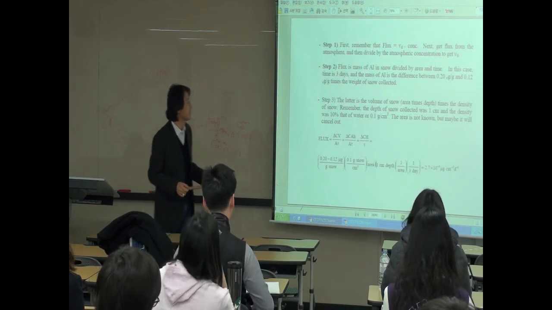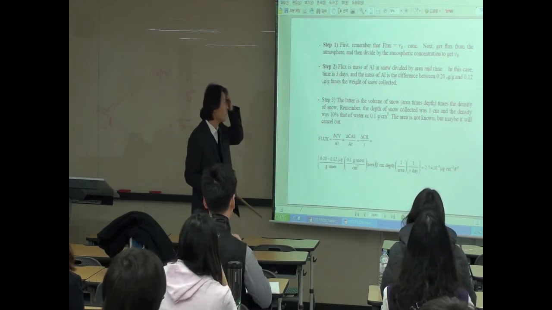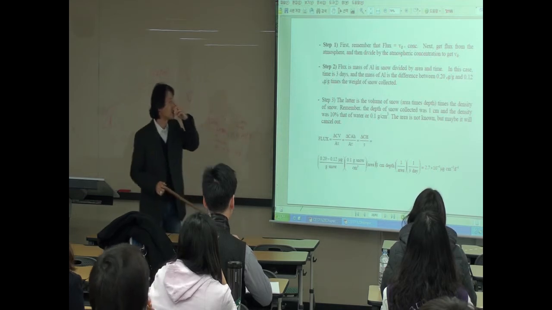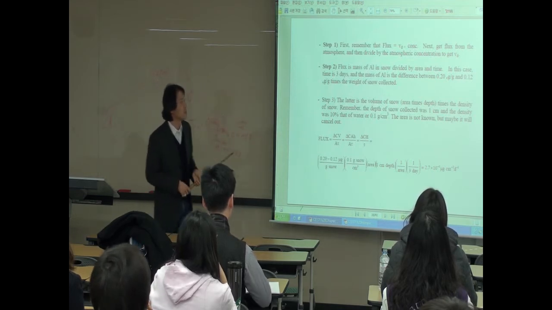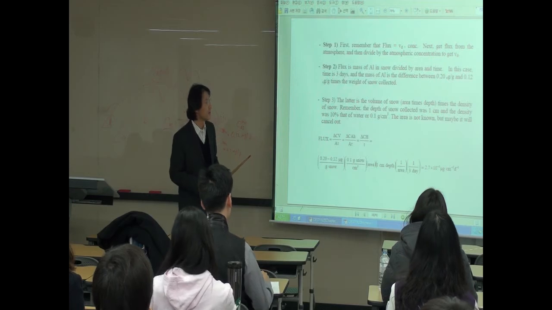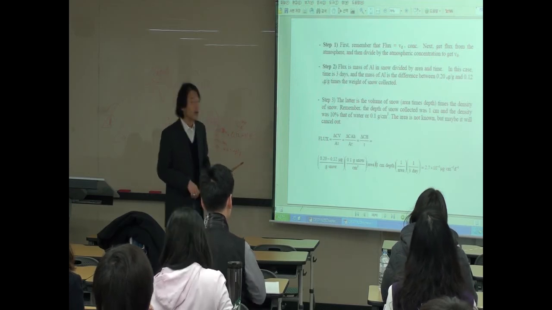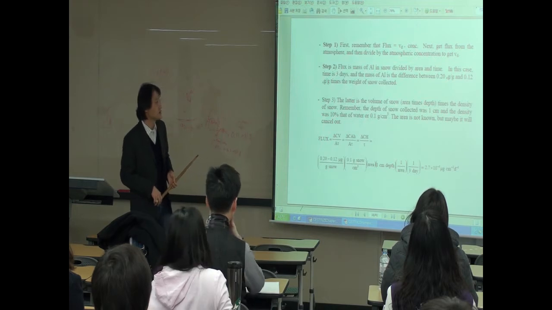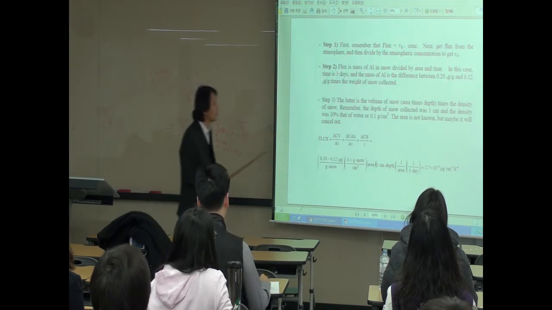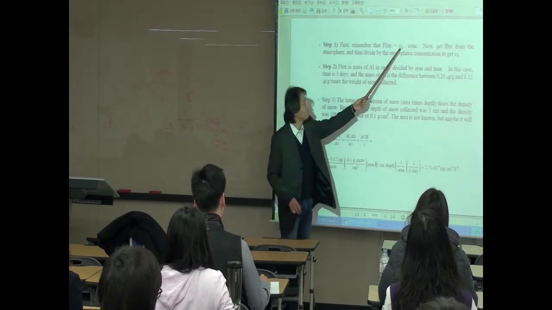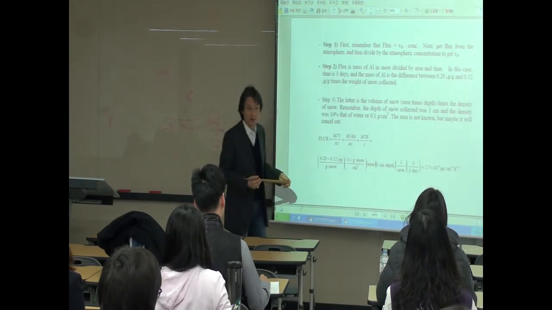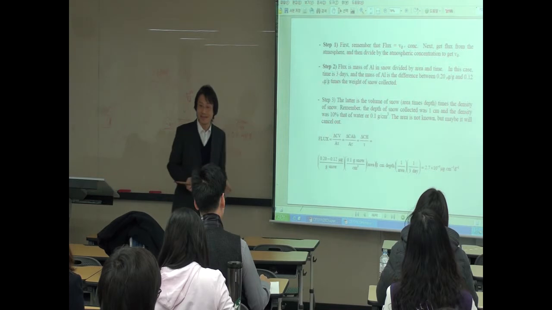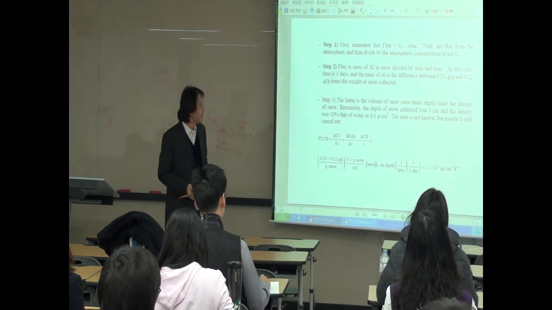Well, that's step one. Because flux is deposition velocity times concentration, we can get flux from the atmosphere, then divide by atmospheric concentration, so we can get the deposition velocity, right? This is very easy, isn't it?